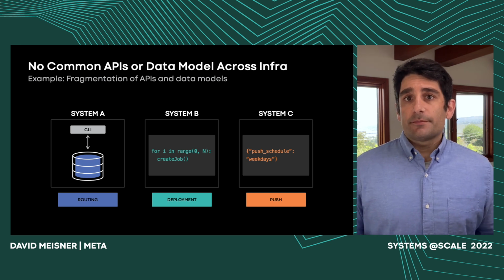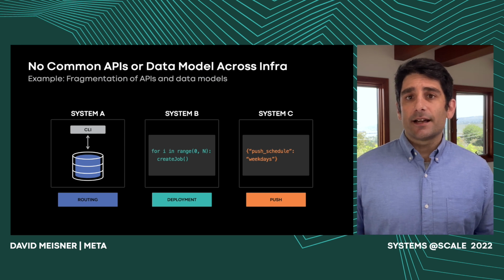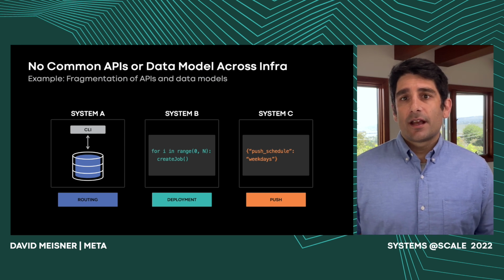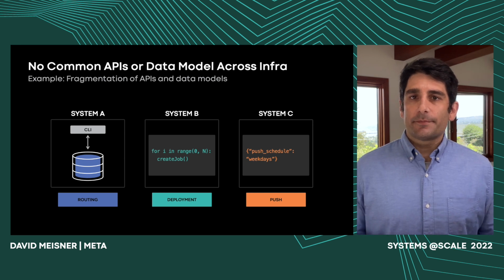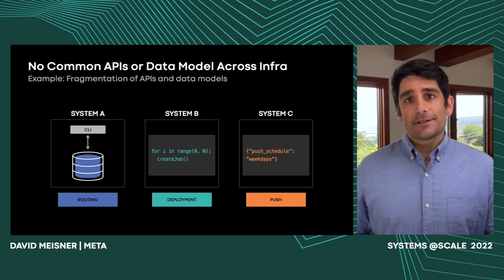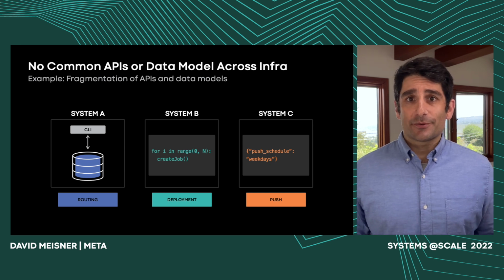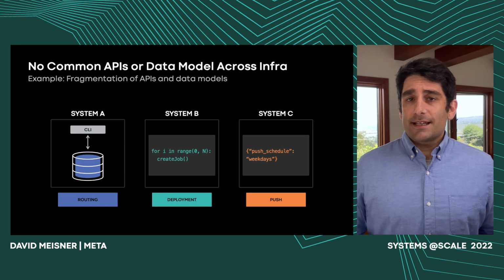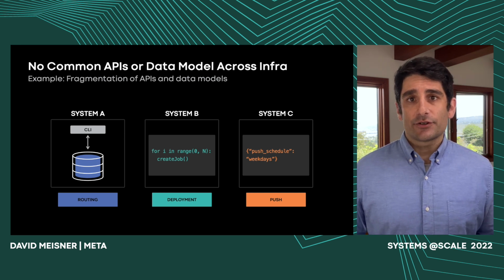So if I go set up my service, I may have to go to System A for routing, and I use a CLI to configure a database. I then go to System B for deployment, and I need to write a script to launch different jobs, which will give me the containers that my service is running. And then I need to go to a third system, System C, and perhaps this has JSON, which describes how my push works. As you can see, the interfaces and workflows for the user are all different here, and they also generally have different semantics and expectations about how they work.